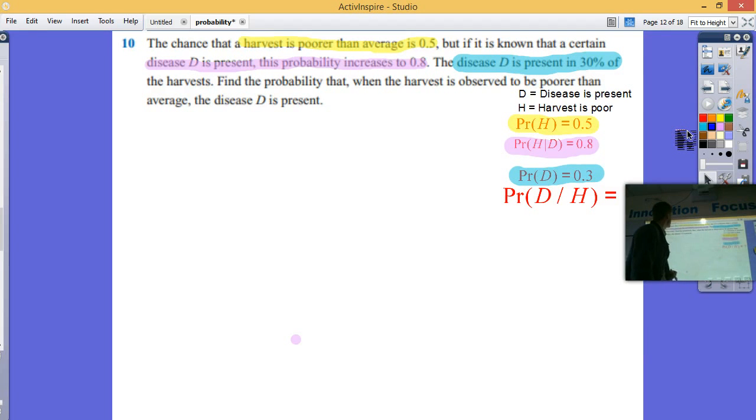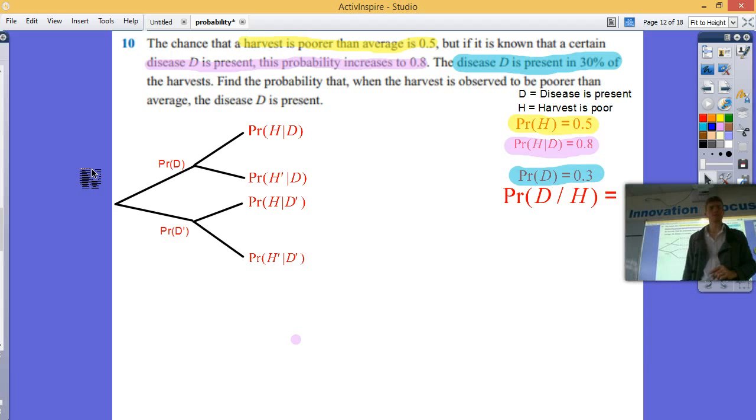What we're after is the probability that when the harvest is observed to be poorer than average, the disease is present. That is, disease given harvest. Okay, D given H. How does that work out? We need a relationship between maybe probability of D given H and this information that's given to us, probability of H given D. Are they the same if they're backwards? Maybe not. Let's look at the breakdown on a tree diagram.